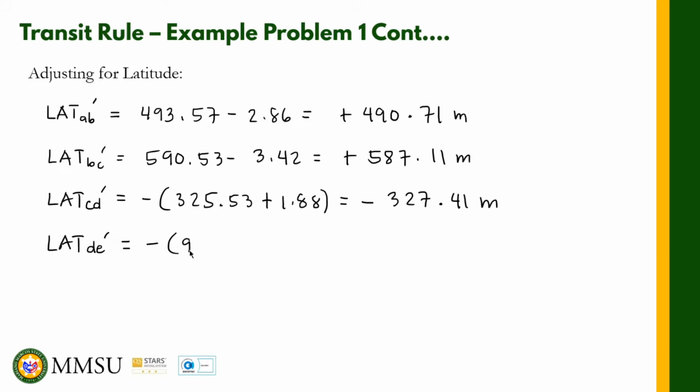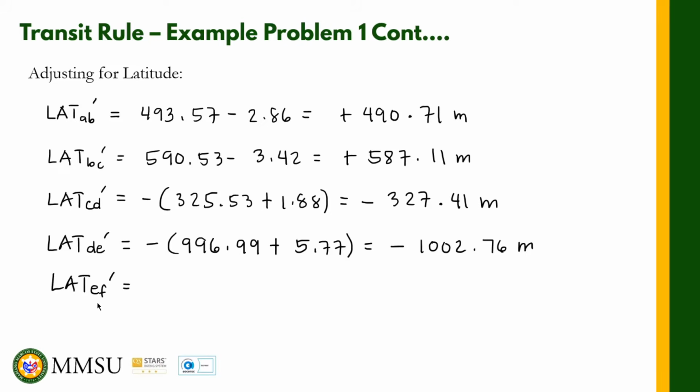So we have negative 996.99, and we have to add the correction. The correction that we have computed is 5.77. Okay, so we should come up for the adjusted latitude of DE to be equal to negative 1002.76 meters. All right, and then we also have the adjusted latitude for EF.